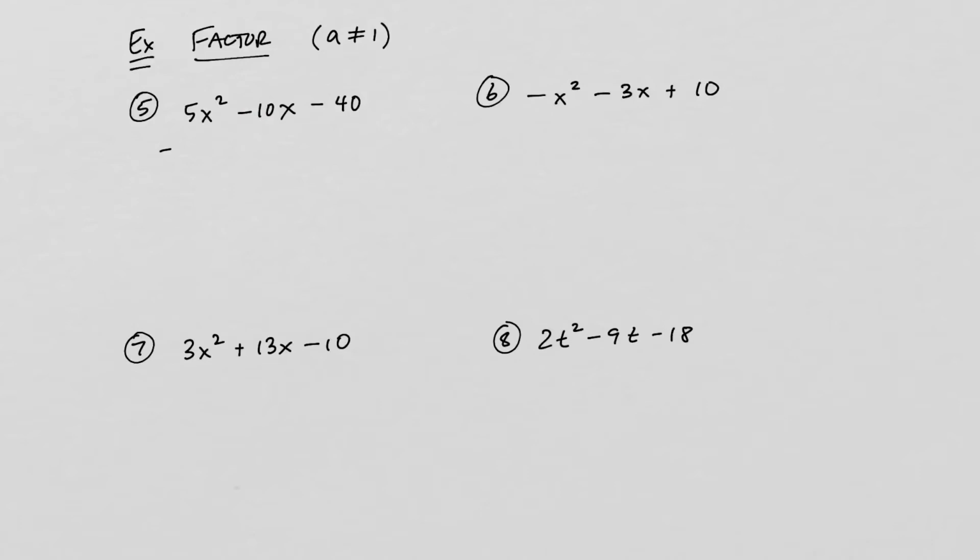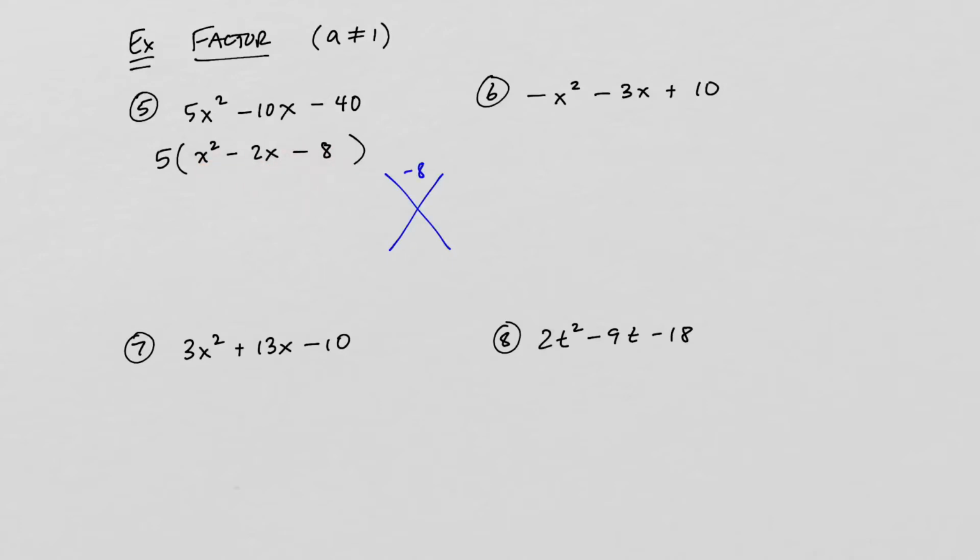So I can factor a 5 out of this polynomial, and what we'll have left over is x squared minus 2x minus 8. And now we can do a magic x problem for the polynomial that's left over on the inside.